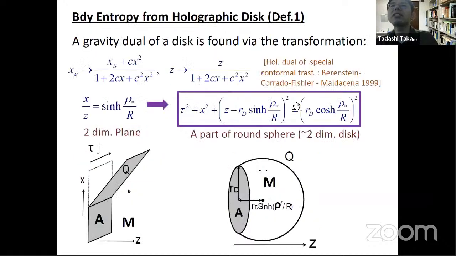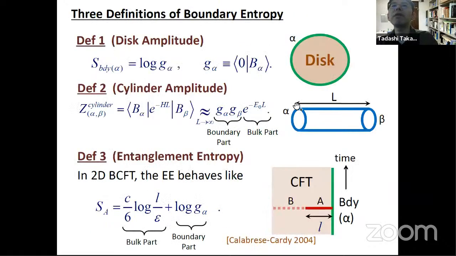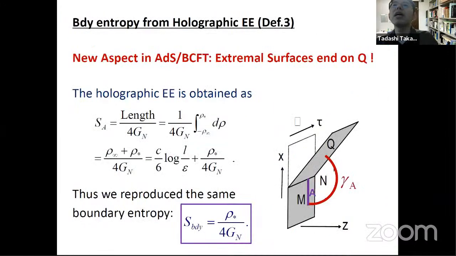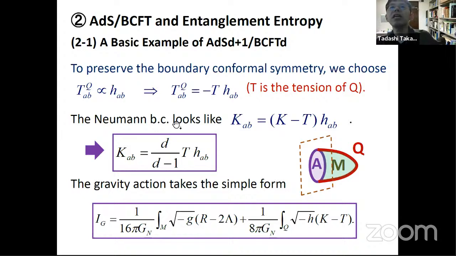Another reason is that I want to keep conformal invariance. We assume very simple matter, and only in this case, if this T_ab^Q is proportional to h_ab, can we preserve boundary conformal symmetry. If you have some more general choice of T^Q, it breaks boundary conformal invariance.